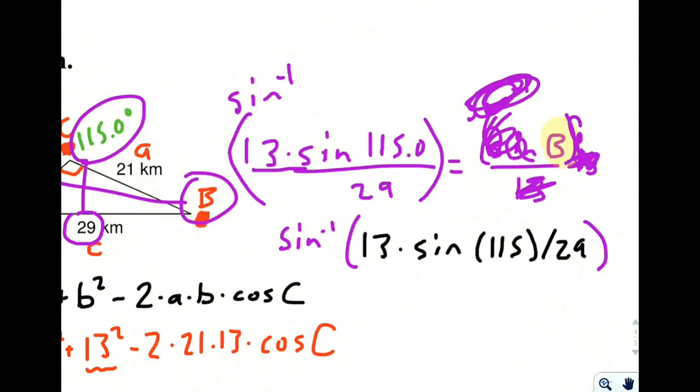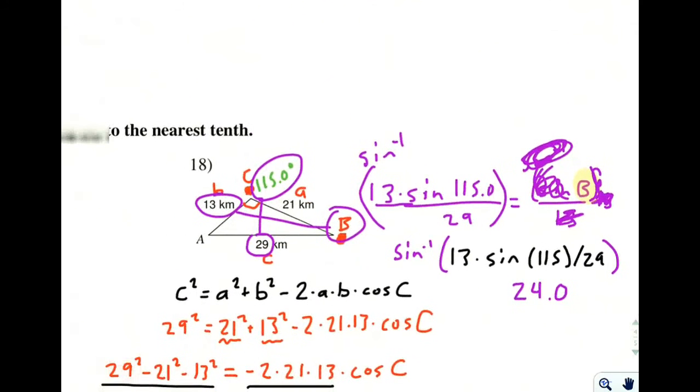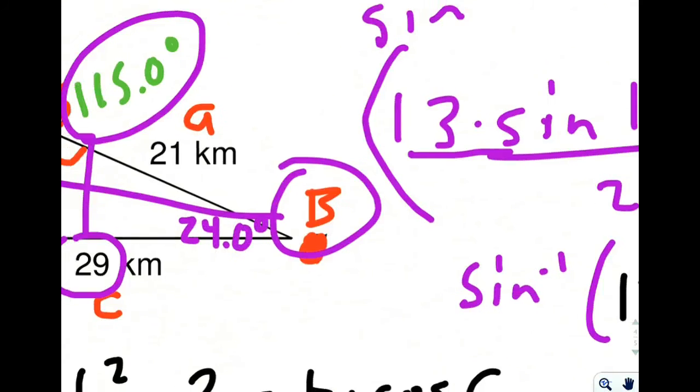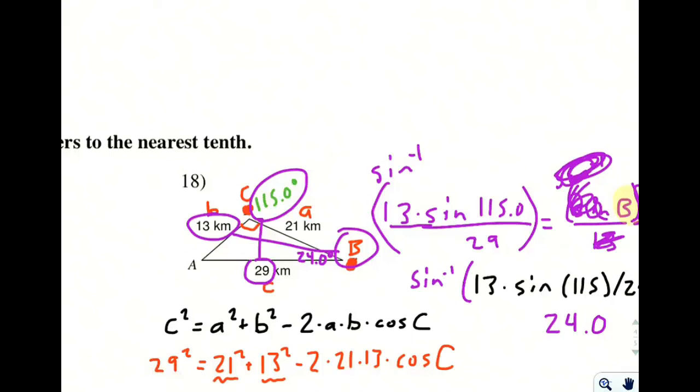My calculator says 23.97, and since we're rounding to the nearest tenth, that's going to be 24.0. And that's an angle actually, so we do need degrees on that. We solved for angle B, and that's going to be 24.0 degrees. So we mark that in there. Looks like a pretty small acute angle, so it seems like a reasonable answer.